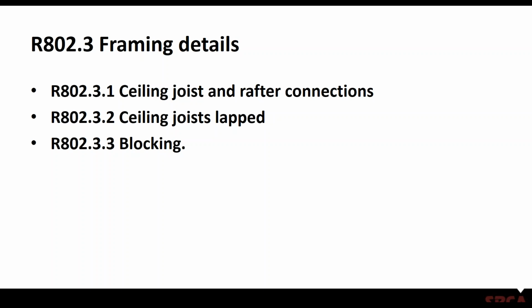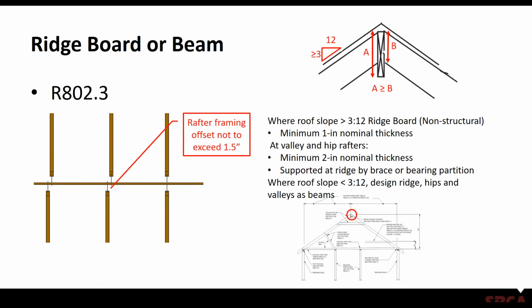R802.3, framing details, provides some basic framing details for ceiling joists and rafter connections, ceiling joists that are lapped, and then blocking. So what are we talking about here? In a rafter connection, rafters tying into a ridge board for roof slopes greater than a 3:12 pitch, you're allowed to use a ridge board, and that ridge board is non-structural.